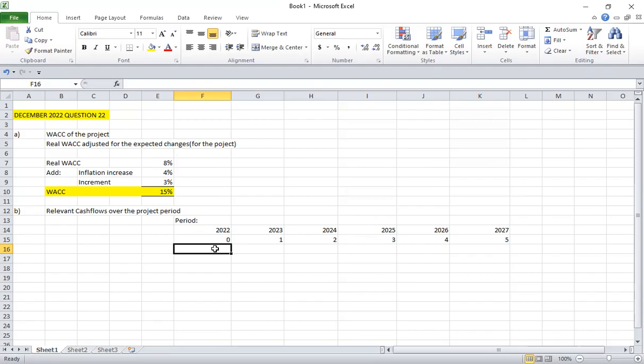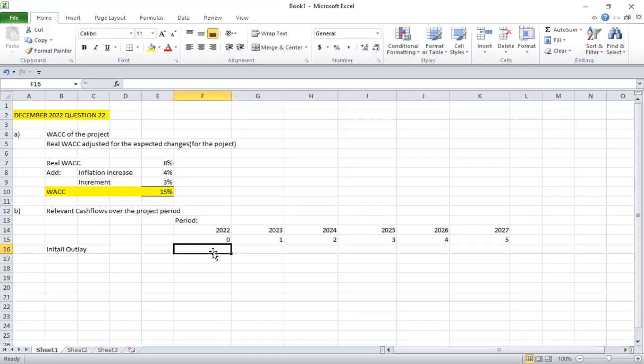Which cash flow is for period 0? The initial outlay. So for period 0, we start with the initial outlay.